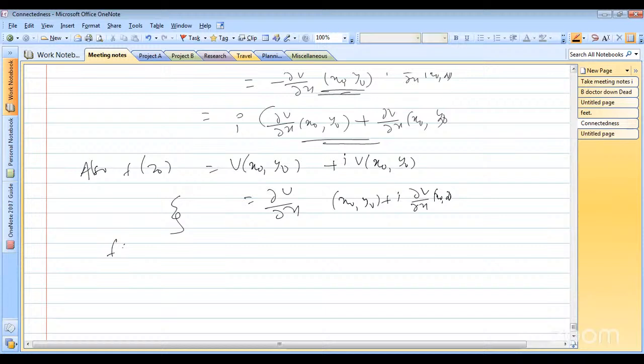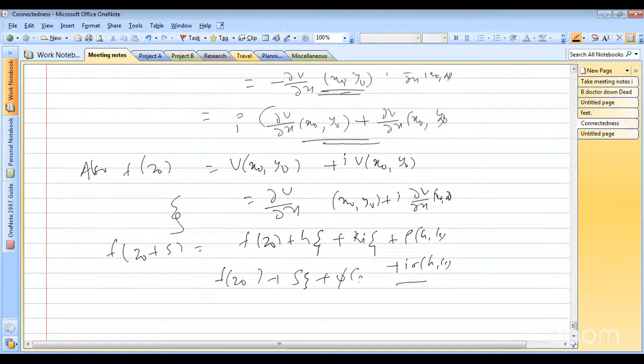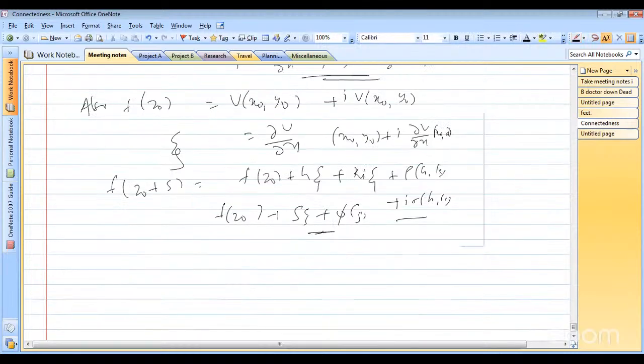So now we can write this f(z0 + h). We are writing here f(z0 + h) plus i times rho(h, k) plus i times sigma(h, k). The values I'm writing here, apart from these values, you can write the values here. This is a simplification of this value. We have written pi(s) equal to rho(h, k) plus i times sigma(h, k).